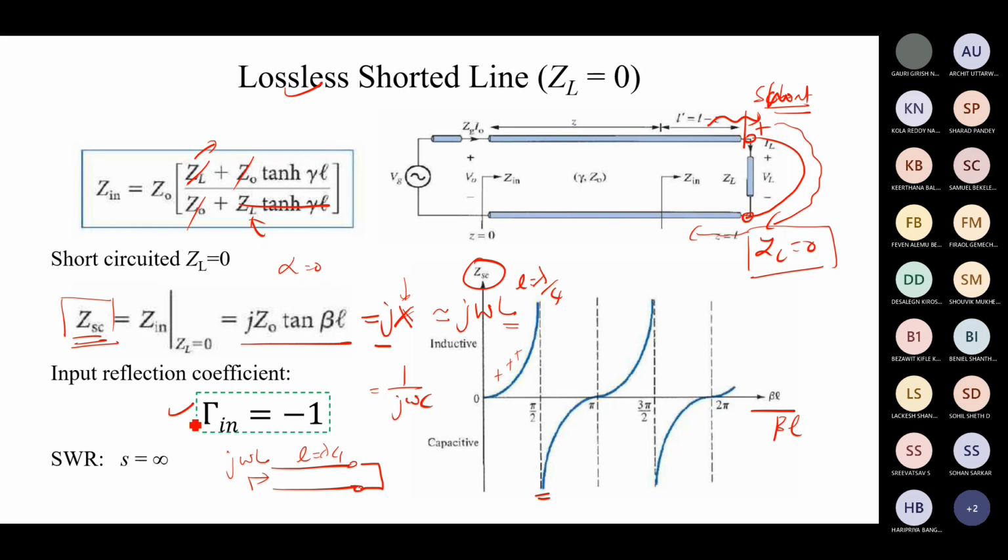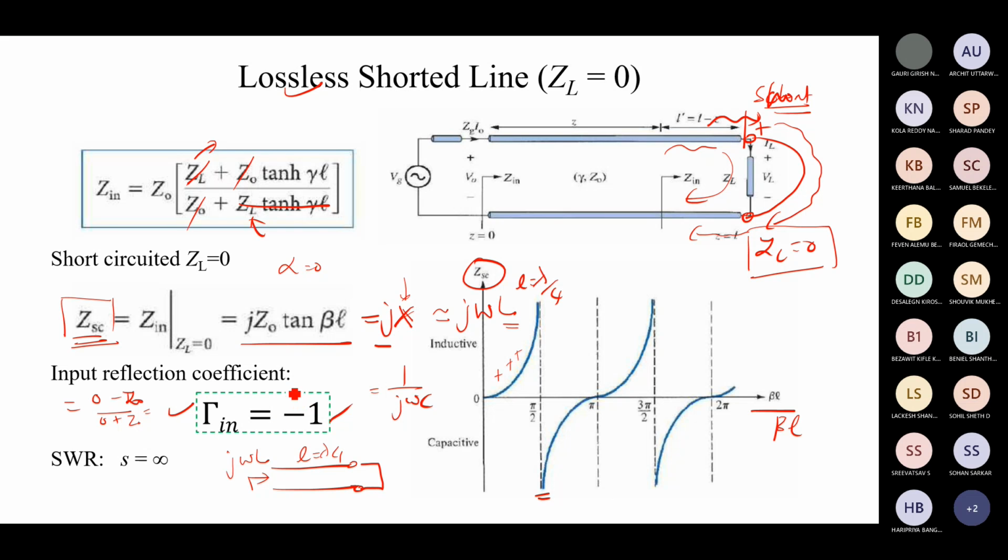And this always has a reflection coefficient of -1. This is because the positive is connected to the negative, and you will get the reflection coefficient as (0 minus Z0) divided by (0 plus Z0). So you will get -1.